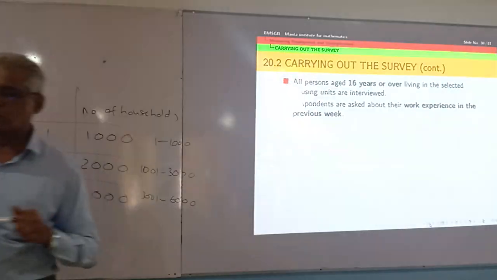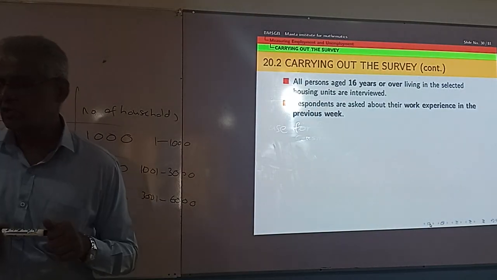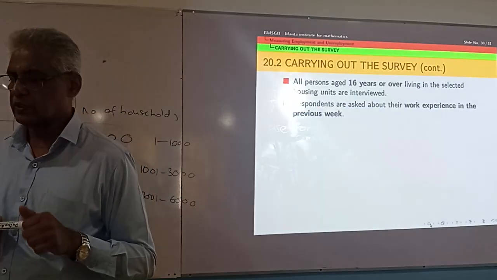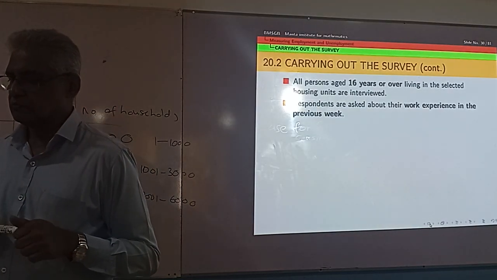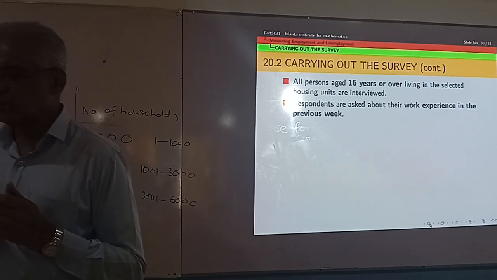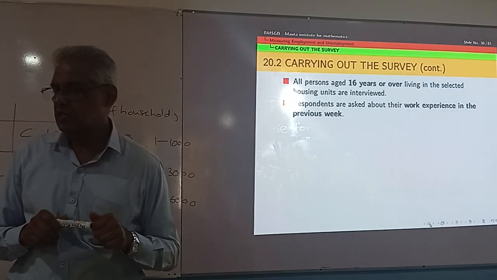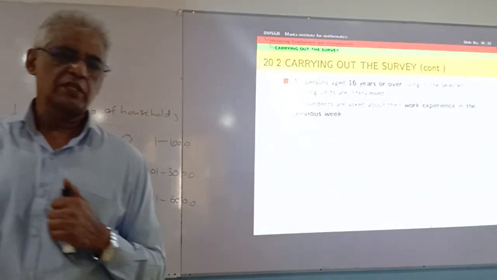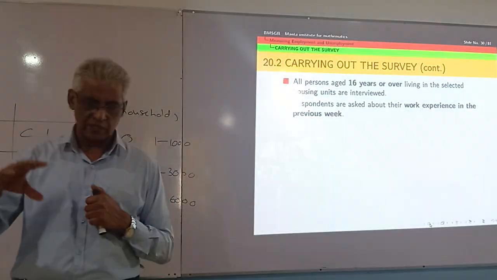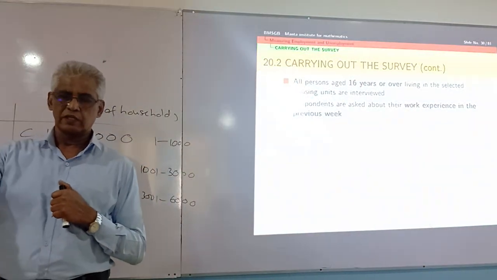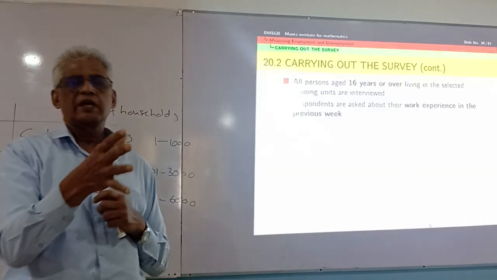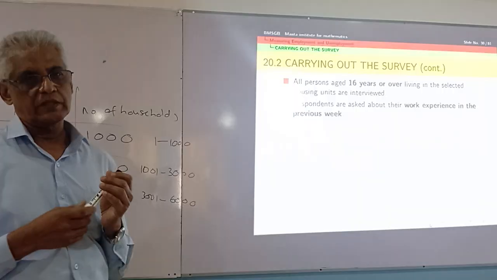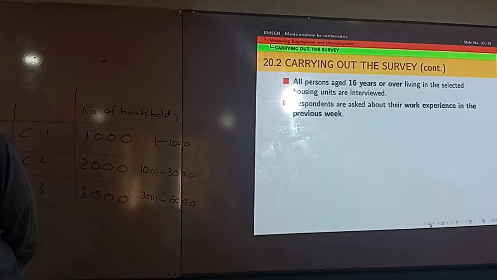From these houses, all persons aged 16 years or over living in the selected households were interviewed. The main question they asked was about the respondents' work experience in the previous week. So here, the employed or unemployed status was decided based on the previous week, not the current week.